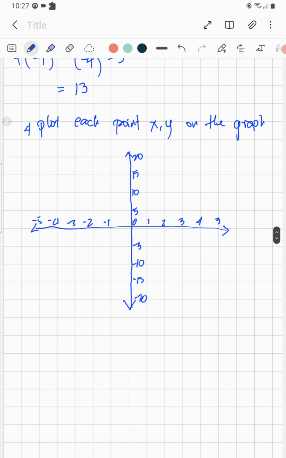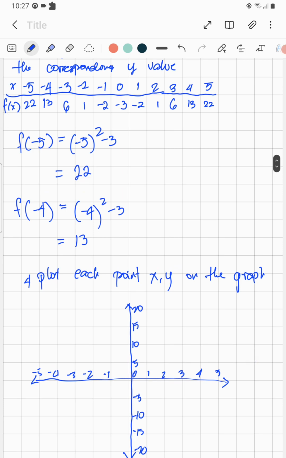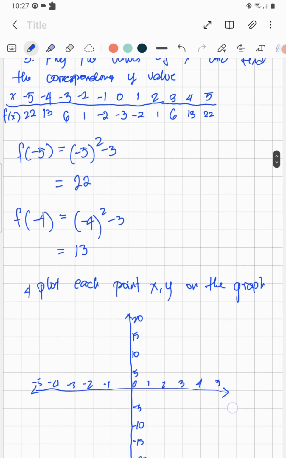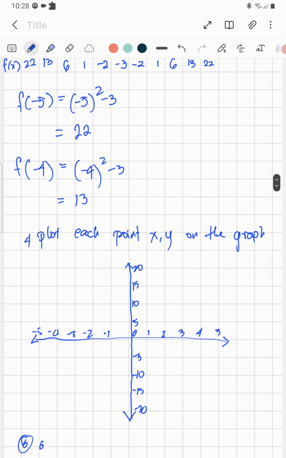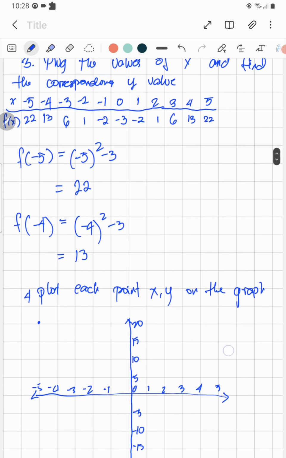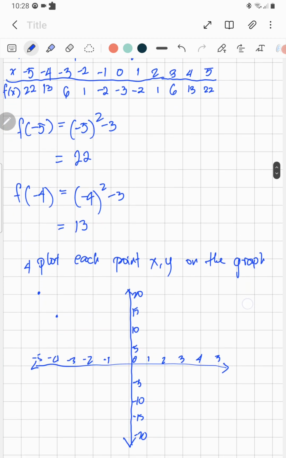Step 5. Connect the points with a smooth curve. Oh, hindi pa pala tayo nag-points. Okay, so we have negative 5 and 22. So, more likely nandito siya. Another, we have 13. So, nandito siya. We have 6. Dito siya.